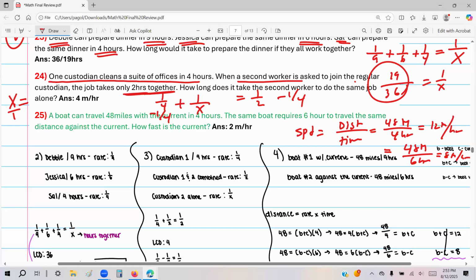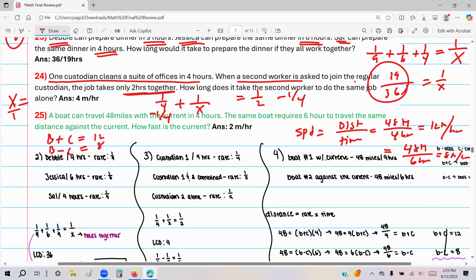So you have two equations. Boat plus current is 12, boat minus current is 8, and you have a system of equations. So boat plus current is 12 miles per hour. When you're coming back, you're subtracting the current, so it's 8 miles per hour.